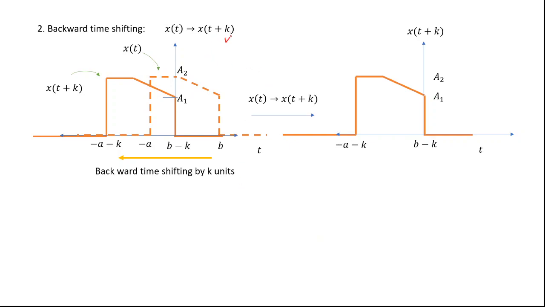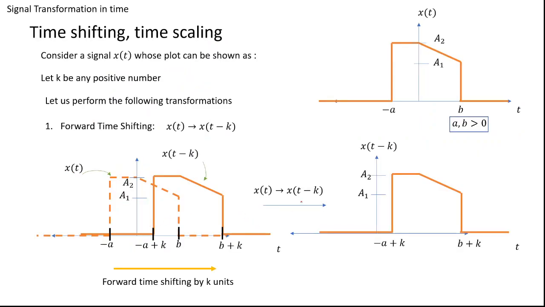So if k is any positive number and the shifting is done as t plus k, then the shifting will be leftward. Similarly, if the shifting is done as t minus k, then the signal will shift rightward.